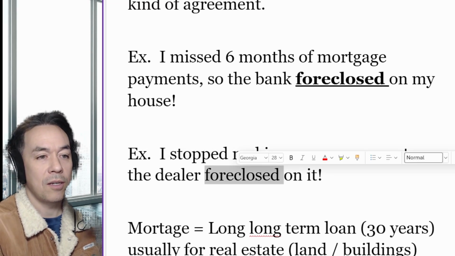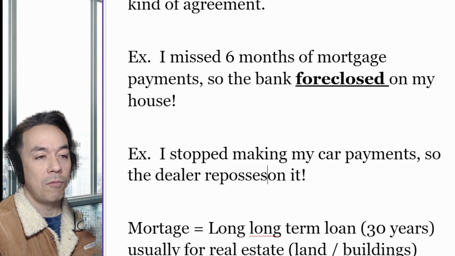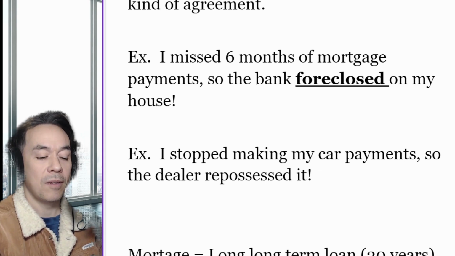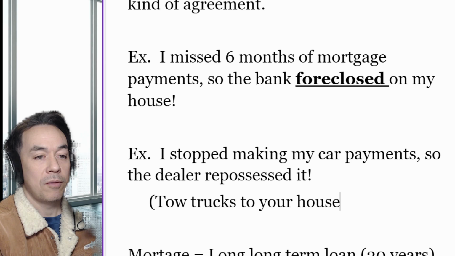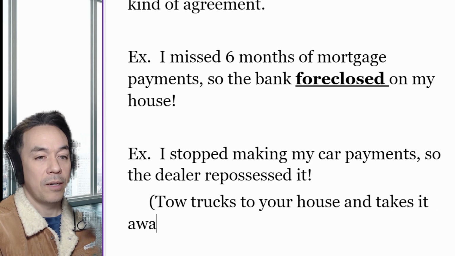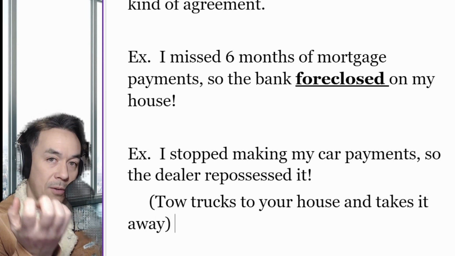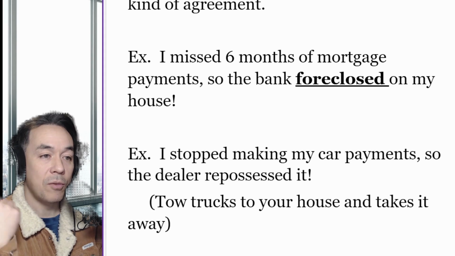But I guess we usually don't really say it for a car. They usually say repossessed it. And maybe why is that? Maybe that's because a tow truck comes to your house and takes it away. They literally hook up your car and drive away. They take it from you.